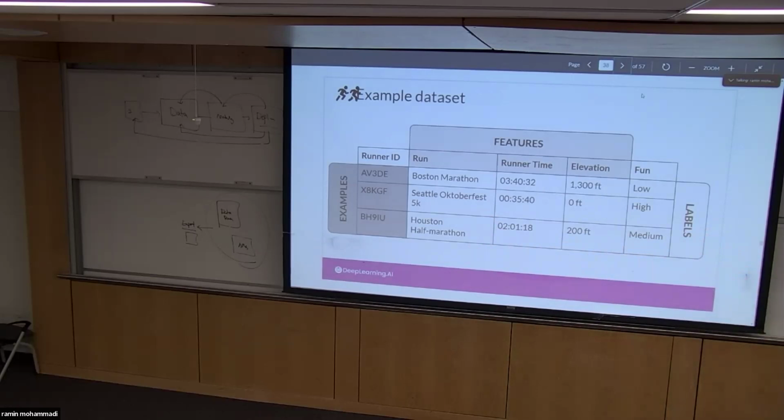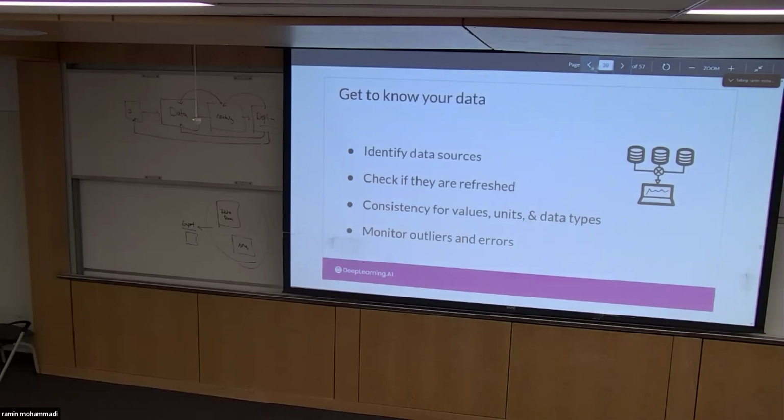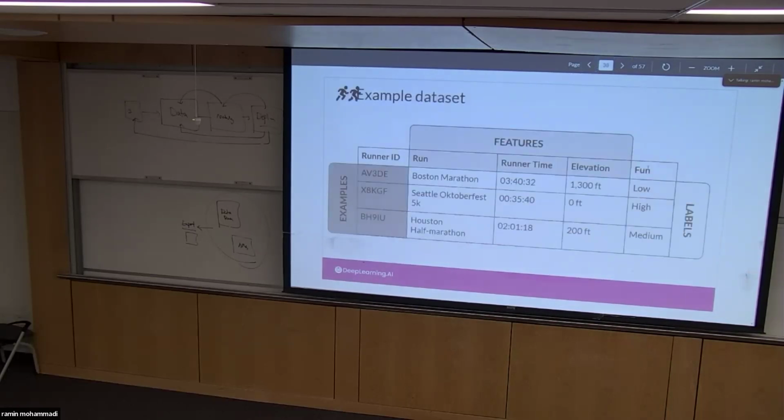Now, so you basically have a series of features and some label as an output that says if the user liked it or not. Now, the question here is: think about this, what would have happened if you didn't have, I don't know, elevation as a feature?